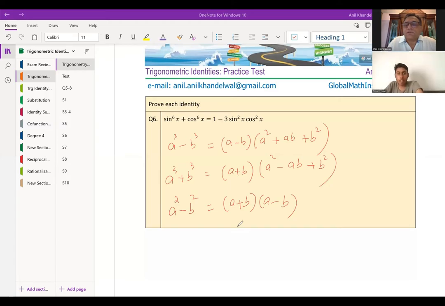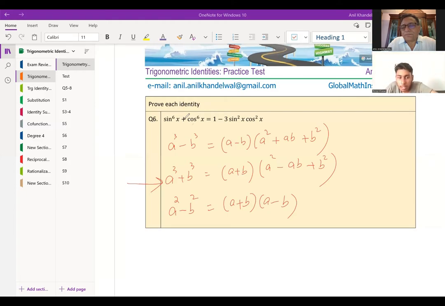We can use one of these formulas to write sine to the power of 6x plus cos to the power of 6x in factored form. So plus means this formula, correct? Yeah. So applying this formula, we can actually prove this identity. Does it make sense?